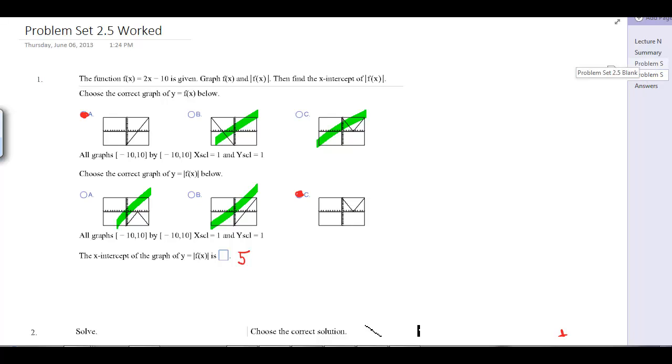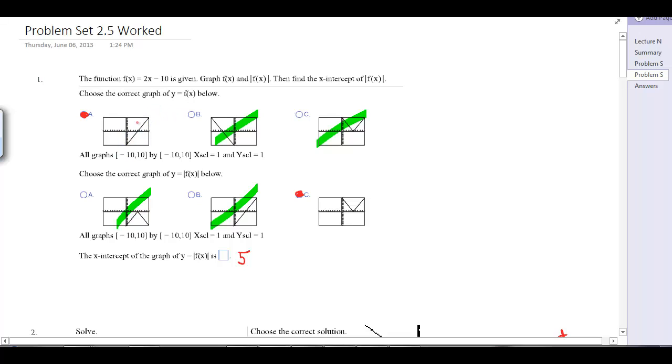All right, first question. The function 2x minus 10 is given. Graph regular f of x and absolute value of f of x, and then find the x-intercept. Well, you actually could determine, given these three, it's not this one because it's a straight line and that's absolute value. This is a negative slope line. That's gone.